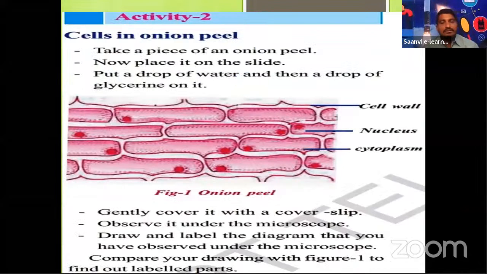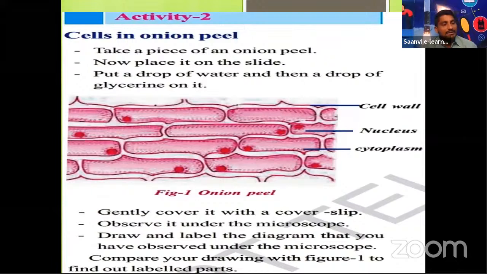Okay, the first question: are all the cells similar? Here I am asking about the cells in onion peel, are all the cells similar? Here the image is clearly appearing on the screen. So please look at the screen and think.